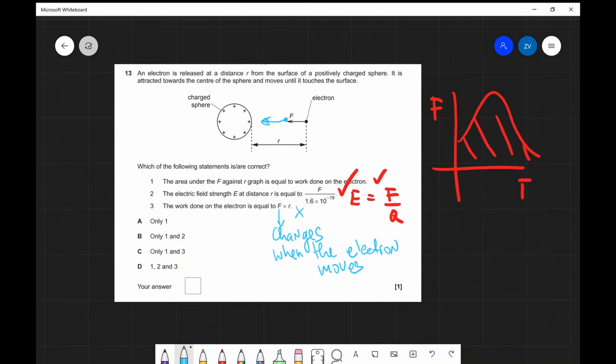Remember, the closer you are, the bigger the force on the electron. So in this case, the correct answer will be only 1 and 2, so that'll be B. So the correct answer is B.